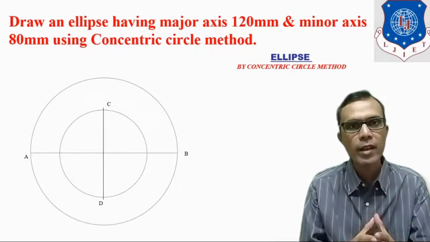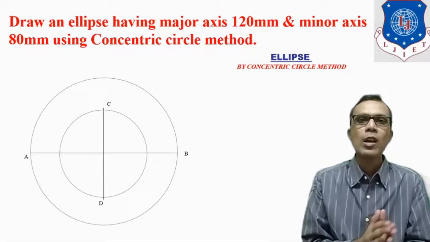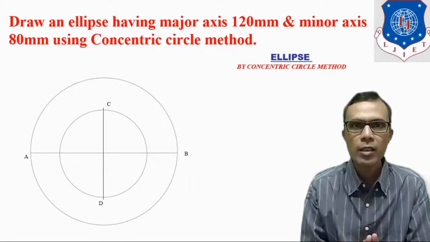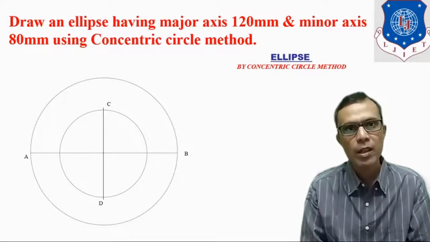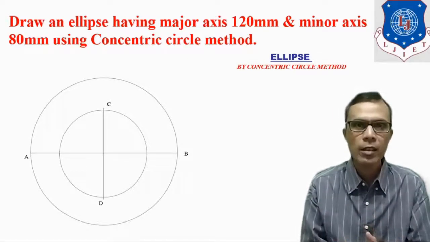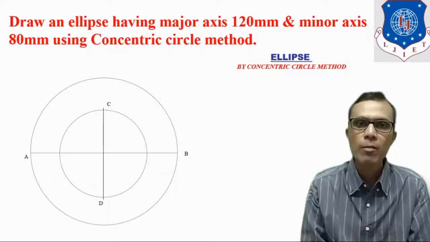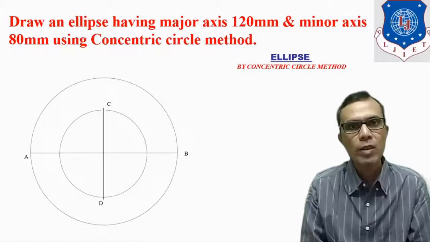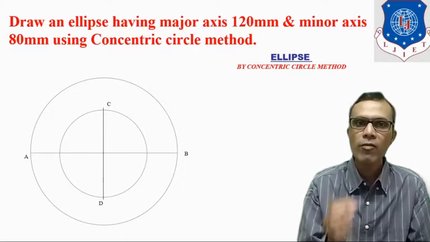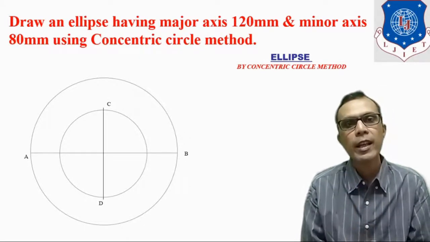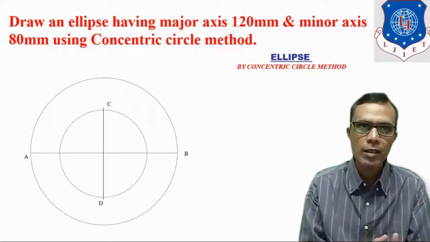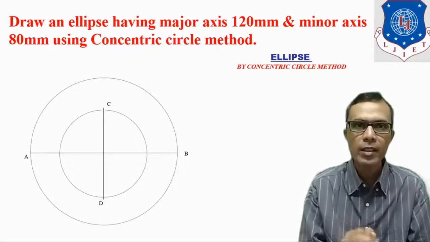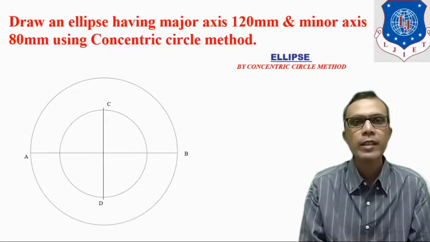Now we have to divide both of these circles into a number of equal parts. We have two choices. Either we can divide these circles into 8 equal parts, or we can divide these circles into 12 equal parts. If we divide these circles into 8 equal parts, then the value of one segment is 45 degree, and if we divide these circles into 12 equal parts, then the value of one division is 360 divided by 12, that is 30 degree.